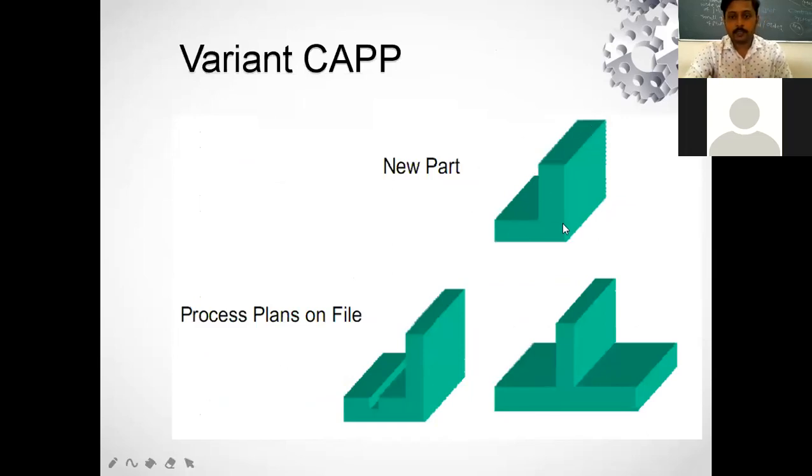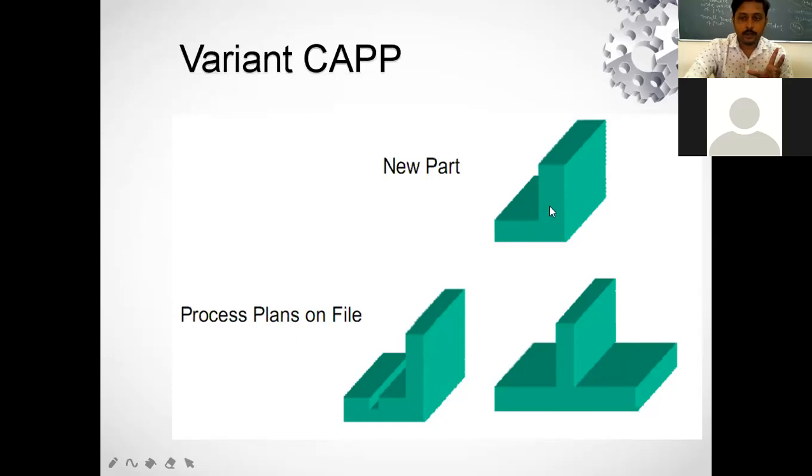In this case, this is a new part to be manufactured. There are some process plans already in the computer, two types of products already manufactured by this particular industry. You can observe that out of these two parts, this one part is quite similar to this part. If you remove this feature, then you can get this part also.